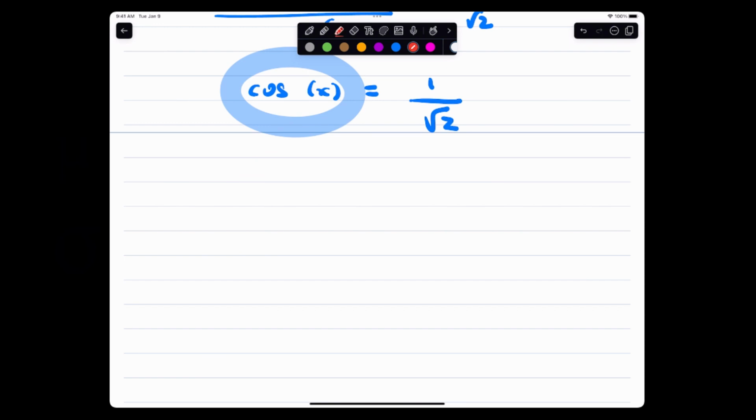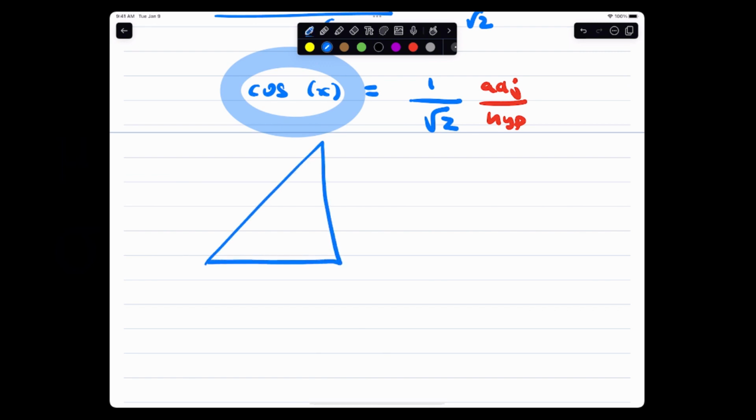If you went to the special triangles, what's cosine? Adjacent over hypotenuse. Okay. So now you say, okay, I want to know what x is. This is a positive number. Adjacent is 1, hypotenuse is square root of 2. What special triangle is this?